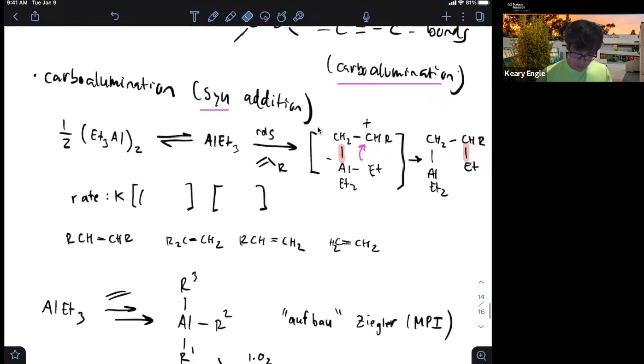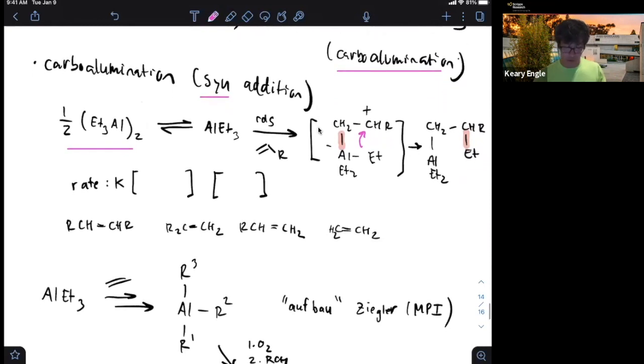To zero in on some of the mechanistic details, we saw that these organoaluminums typically are most stable as the dimeric form, which is the resting state.